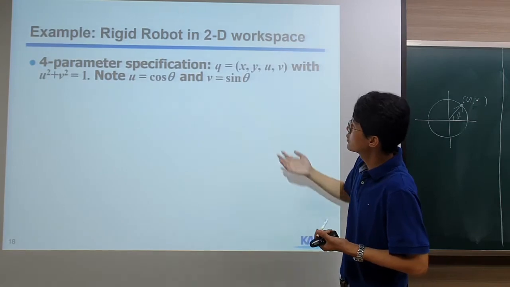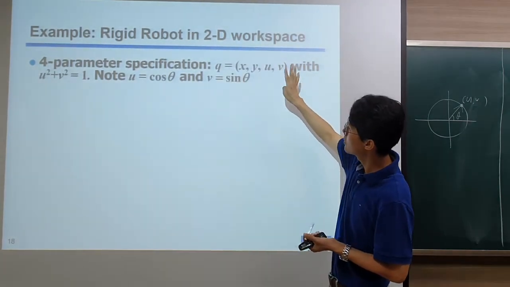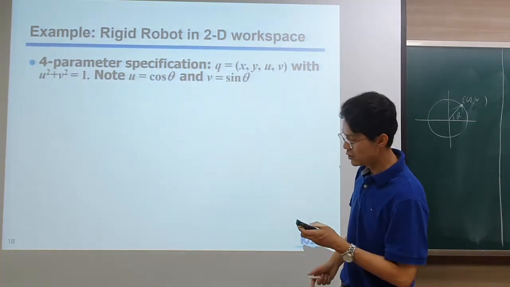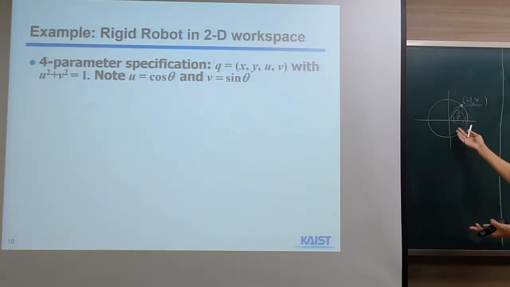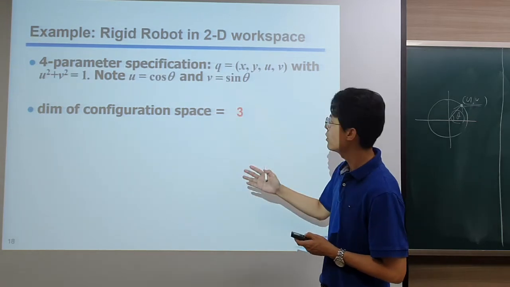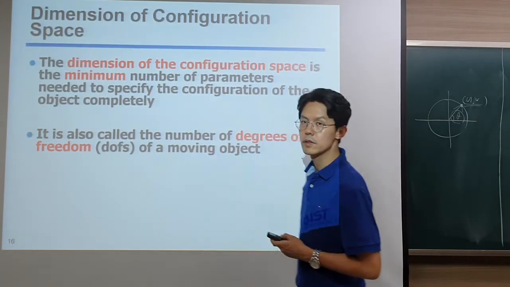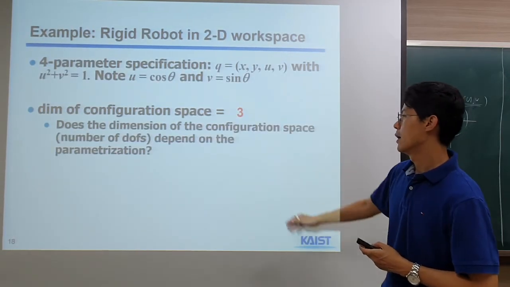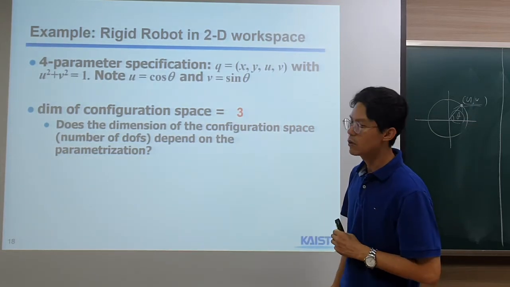Here we're just using four different parameters, right? It looks like a four-parameter, 4D space, but as you can see, to define (u, v), we just needed theta, right? So in the end, the dimension of C space is not 4, it's 3, since we need to think about the minimum number of DOF. In other words, the dimension of the configuration space should not depend on the parameterization.